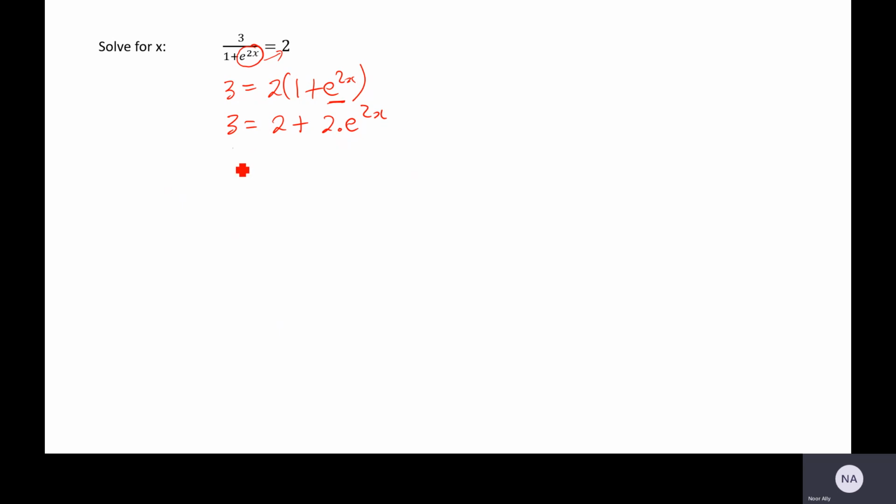Then we're going to transpose. 1 is equal to 2 times e to the 2x. Notice what I'm doing. I'm trying to get this all by itself on the one side. And now I can divide, and it doesn't matter which side. I'm going to write it on the right-hand side. e to the 2x is 1 divided by 2. Now I've isolated the index.